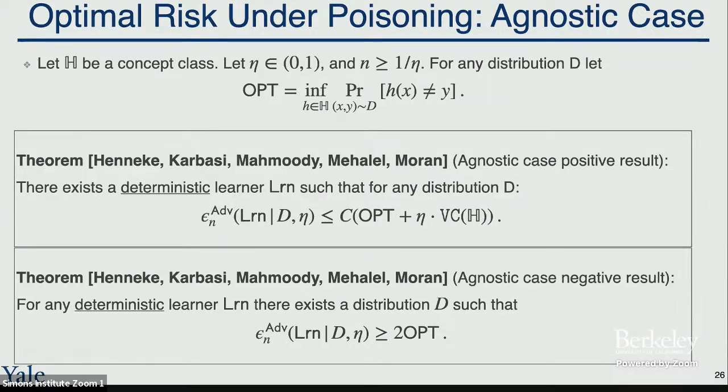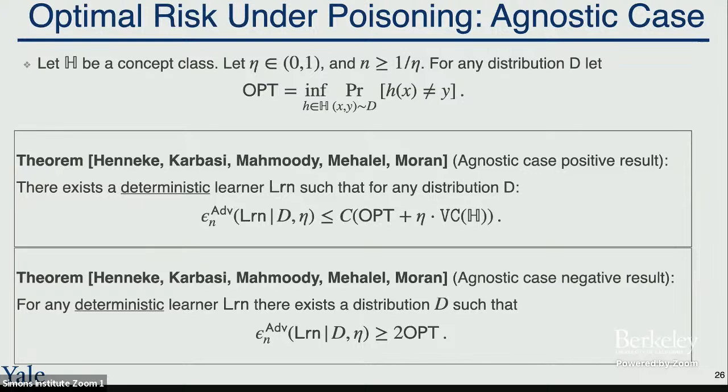I have a question. Opt is obviously a probability of error, bounded between 0 and 1, and then you're adding the VC dimension, which could be very large. Eta is a fraction, but still, eta can be a very, very small number. It can even go to 0. Eta is a number between 0 and 1.